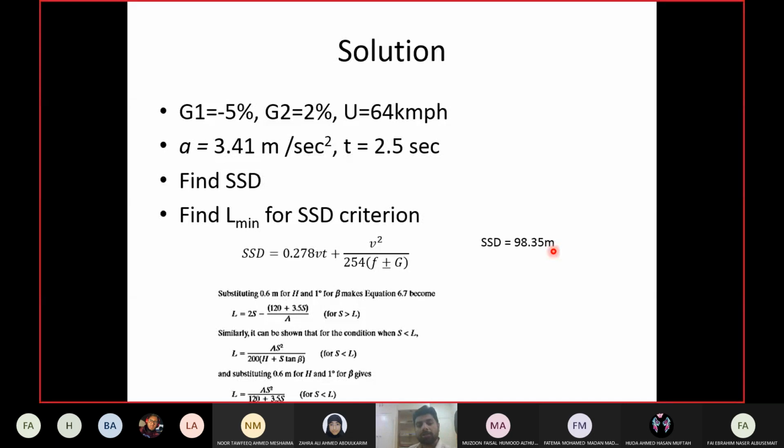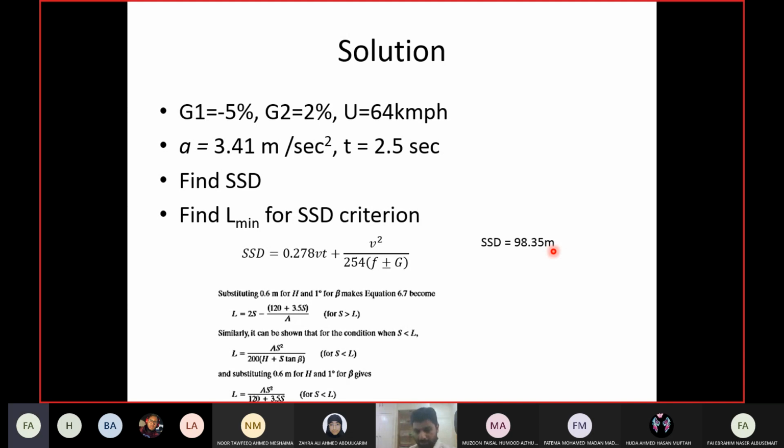Why not -2? Because if you put -2, SSD will be lower. I want to get more value of SSD. So SSD will be higher if you put G as -5. If you don't believe me, try it.